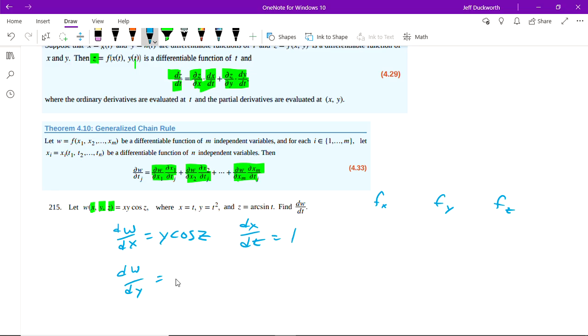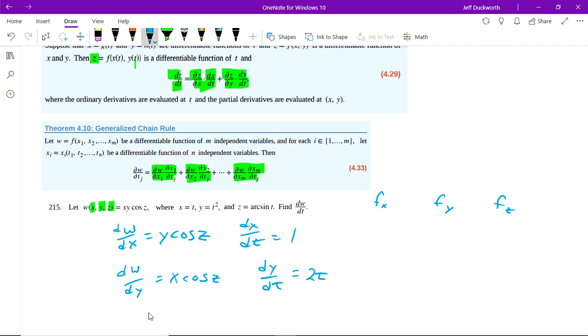The derivative of y is just 1. The x cosine z are just constants. Treat them as constants. And similarly, dy dt. Now, in this case, our y is t squared. The derivative of t squared is 2t.